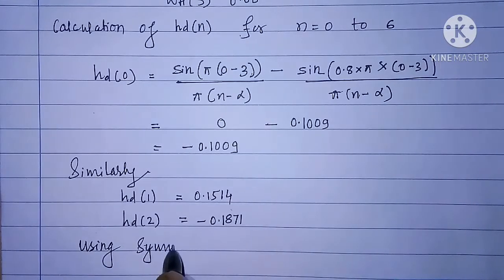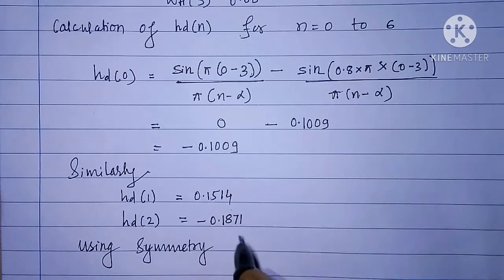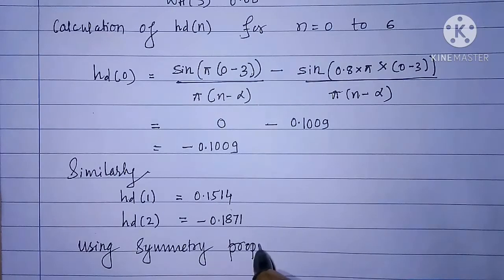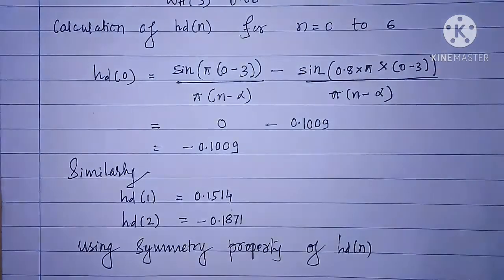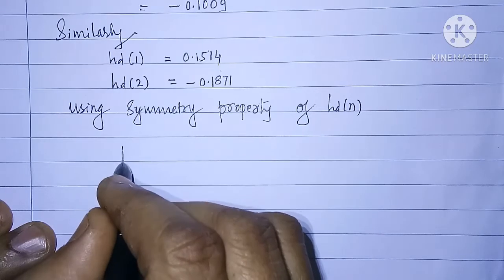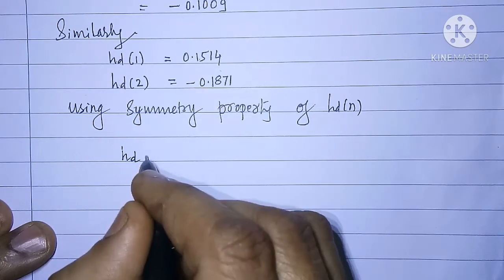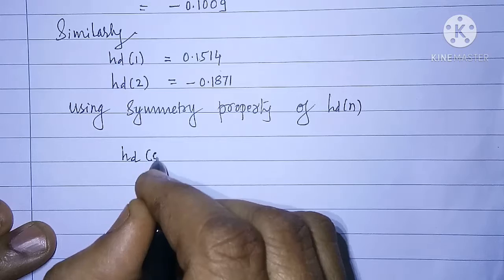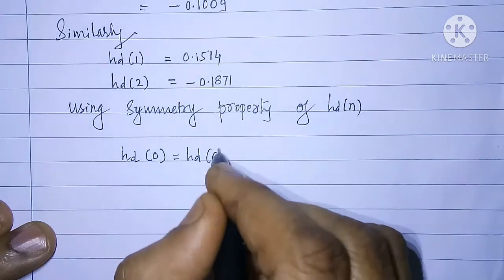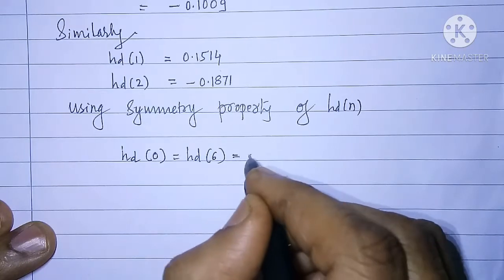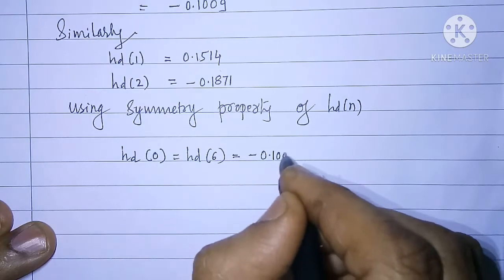Using symmetry property of HD of n, now we can write HD of 0 equal to HD of 6, that is equal to minus 0.1009.